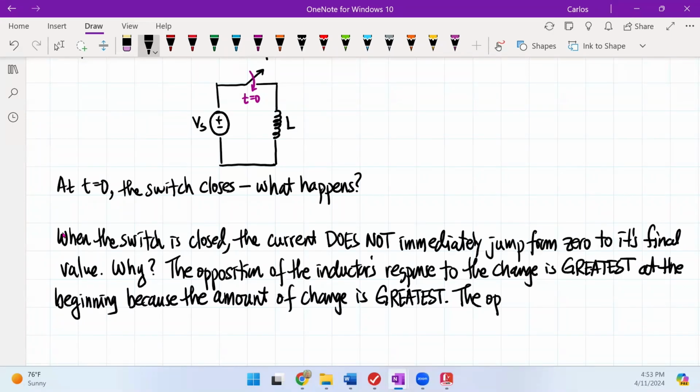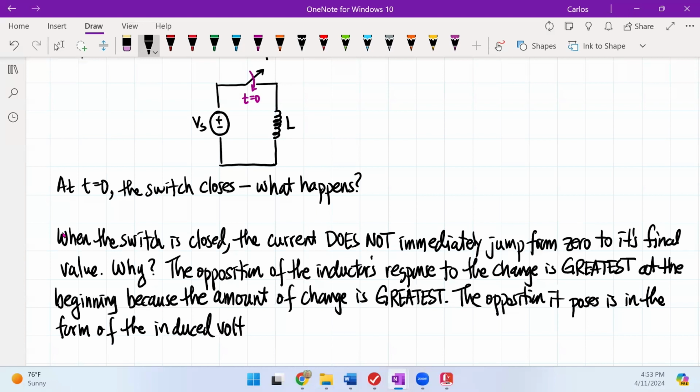The opposition it poses is in the form of the induced voltage VL.